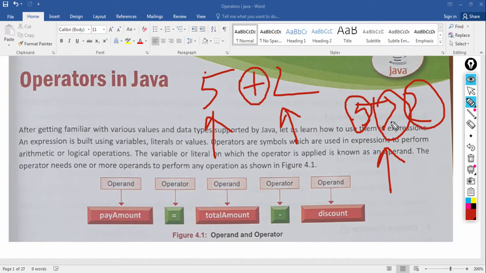So an operator always requires operands. What is an operand? An operand is that part of the expression upon which the operator is performing some kind of action, isn't it?